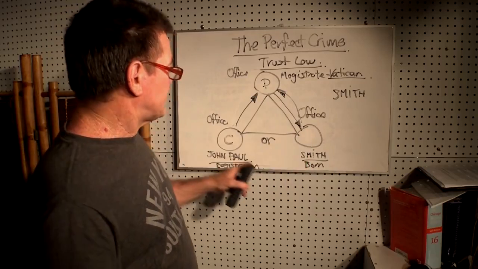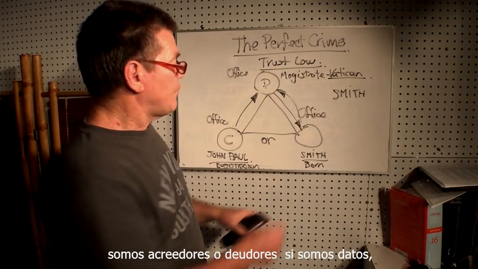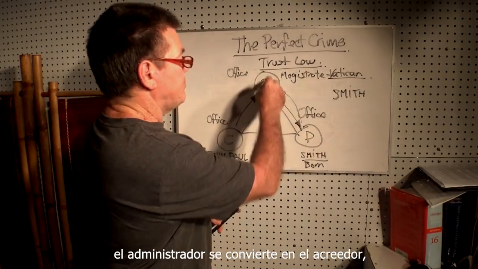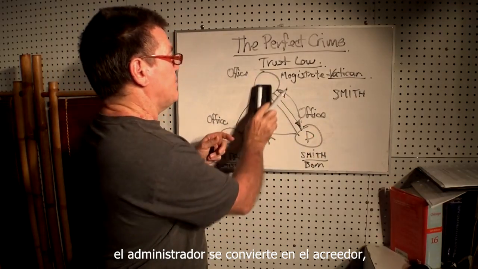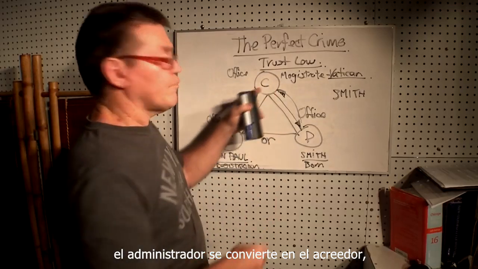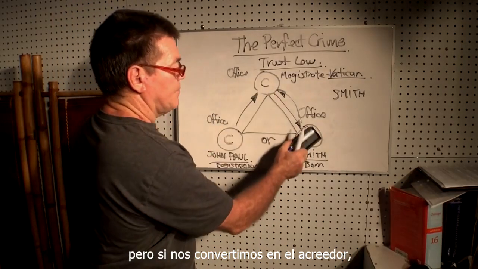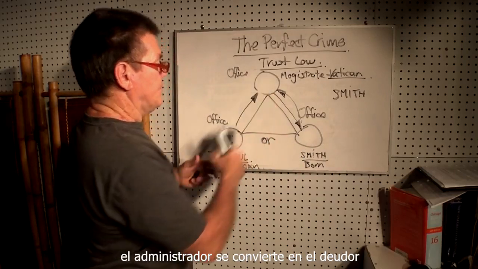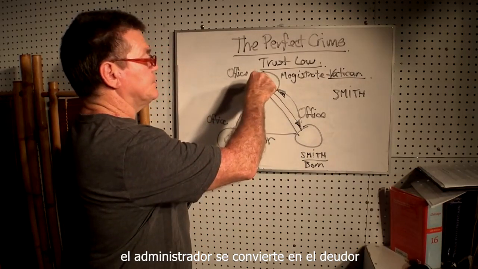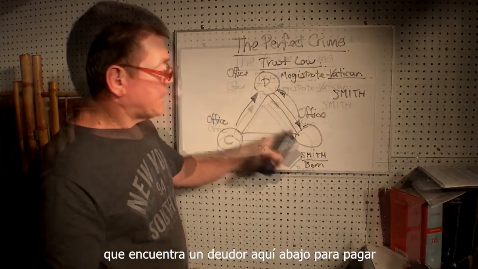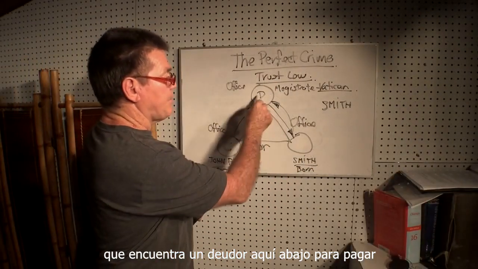And we make the choice, are we creditor or debtor? If we are debtor, the administrator becomes the creditor. But if we become the creditor, the administrator becomes the debtor. But find a debtor here, down here, to pay the debts.